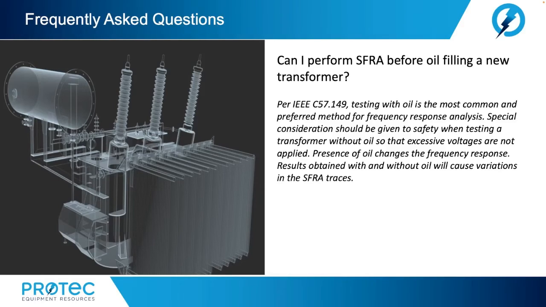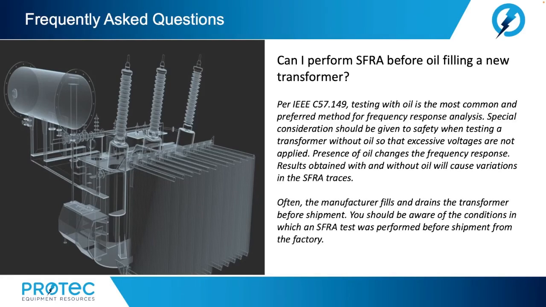Presence of oil changes the frequency response. Results obtained with and without oil will cause variations in the SFRA traces. Often, the manufacturer fills and drains the transformer before shipment. You should be aware of the condition in which an SFRA test was performed before shipment from the factory.